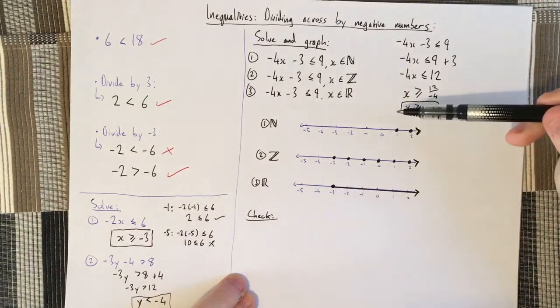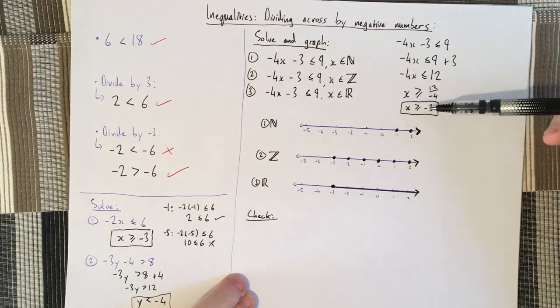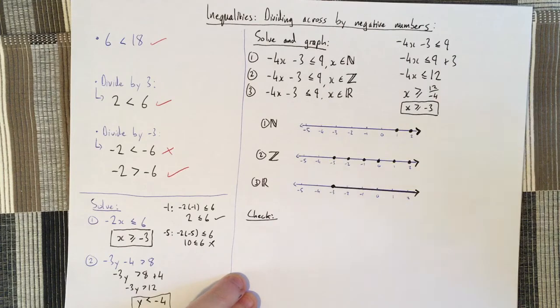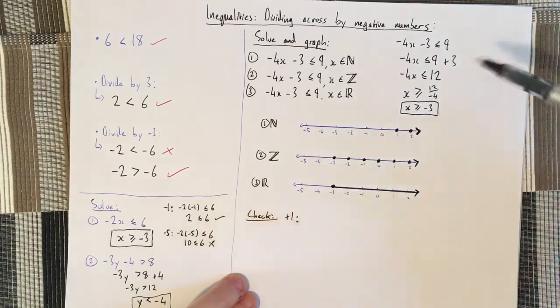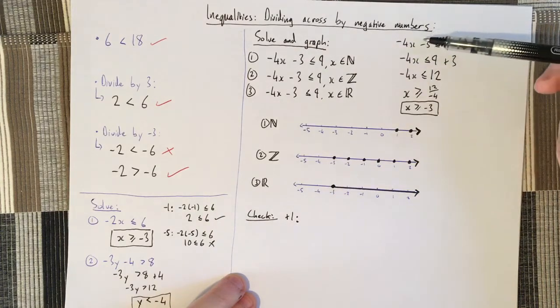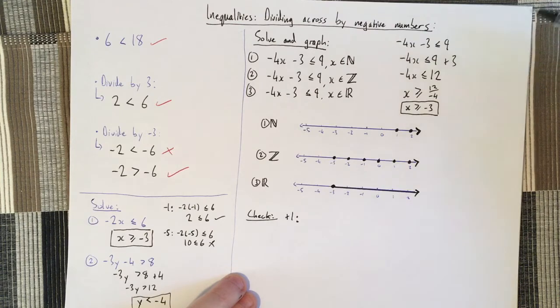So first thing is just checking it. x is greater than or equal to -3. That's my solution set. So what's a number which is greater than or equal to -3? I don't know, +1. If I sub +1 into my original inequality, it should give me a true statement.